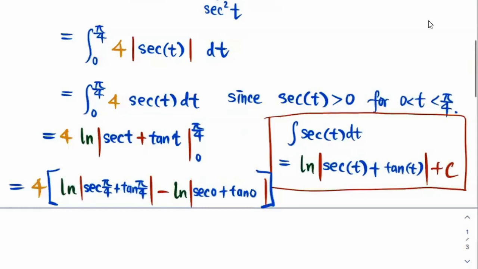Now all you have to do is just remember the trig values. What's secant of pi over 4? It is square root of 2. Tangent of pi over 4 is 1. Secant of 0 is 1. Tangent of 0 is 0.